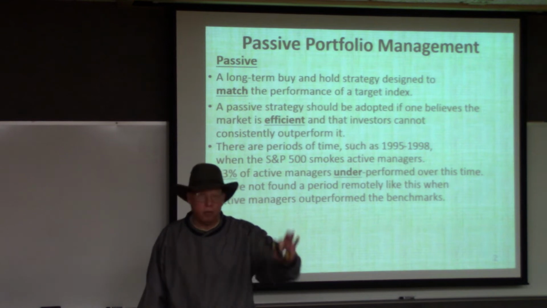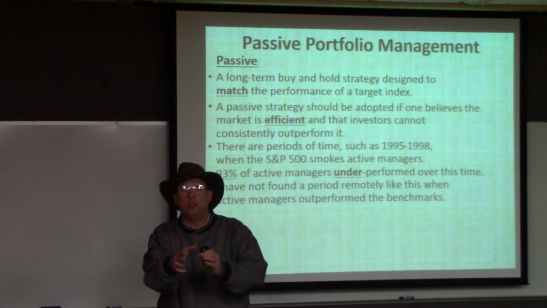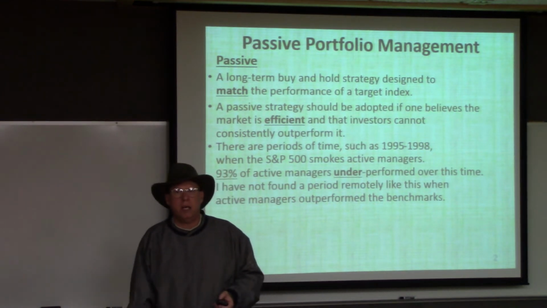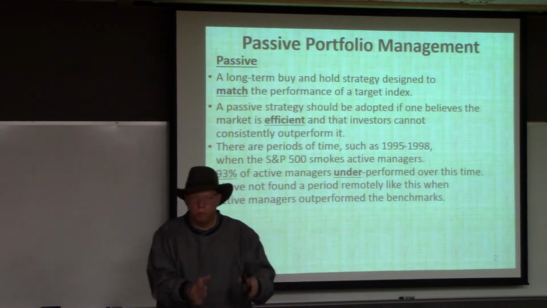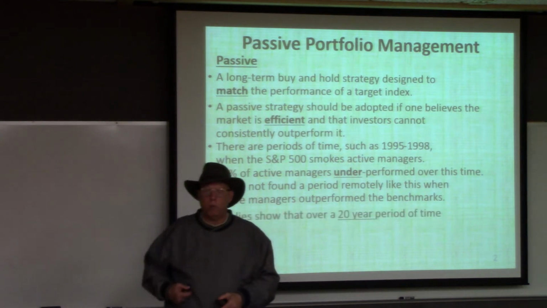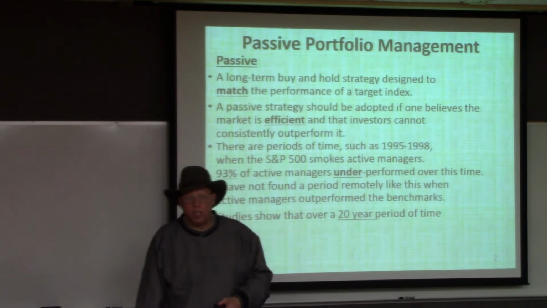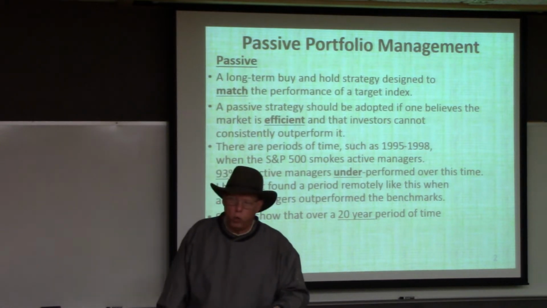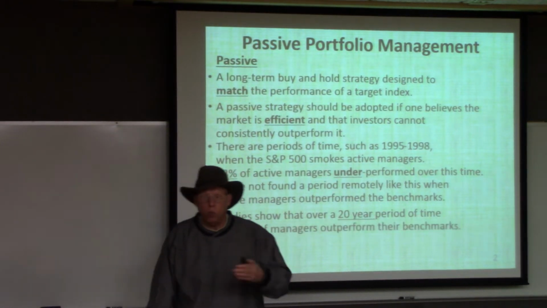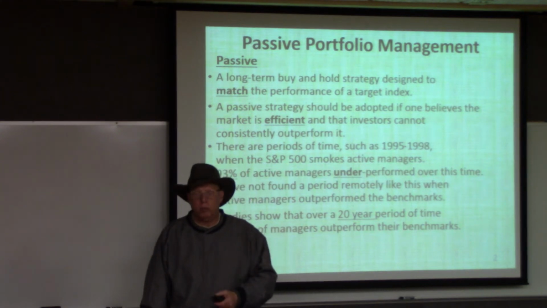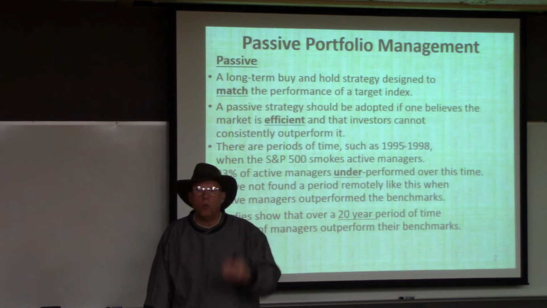There's not any other time period where active managers turned around and trounced the indexes, but there are periods of time when the indexes outperform the active managers. And studies show that over a 20-year period of time, only 1%, it's actually less than 1%, of managers outperform their benchmarks.